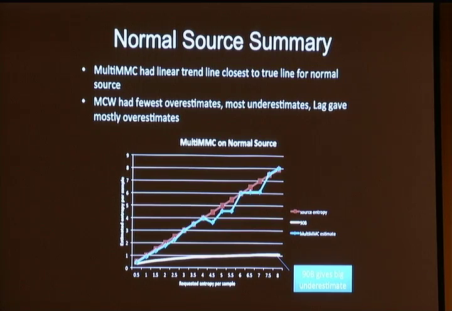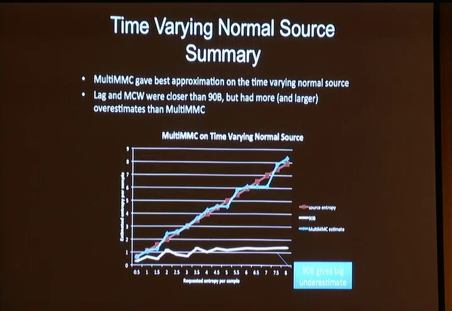The others have some overestimates and upper estimates. But we can see that the 90B gives a significantly low underestimate for the entropy here. And this is the same for the time-varying normal source too. Again, 90B estimates are significantly lower than the actual entropy.